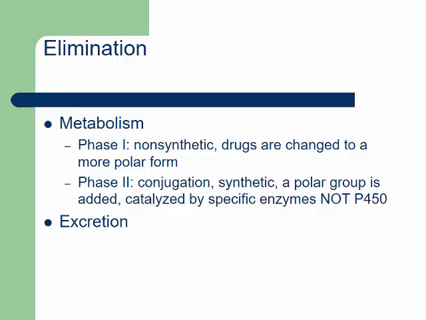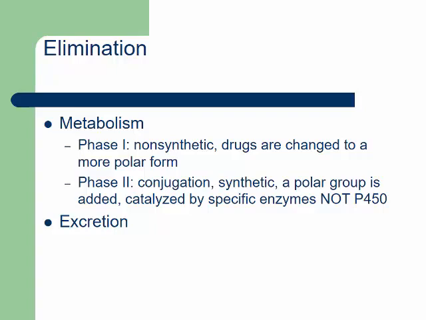So there's two types of metabolism, chemical reactions that can happen in the body. It can be a phase 1 reaction, which is a non-synthetic reaction, and drugs are being changed to a more polar form. It's usually like hydroxylation, oxidation, reduction, pretty simple chemical changes that metabolize the drug and change it into something new.